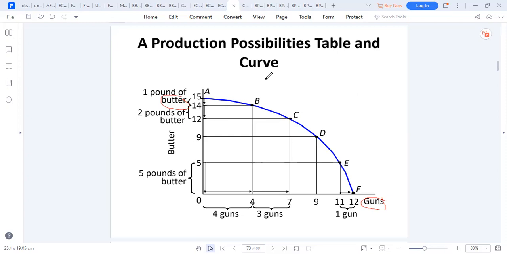So this is a trade-off. A PPF also illustrates this inverse relationship, because we are sacrificing 1 unit for the other. As a result, this makes the PPF concave. By concave, we mean it is bowed outwards, indicating that there is an increasing opportunity cost as production of one good increases.